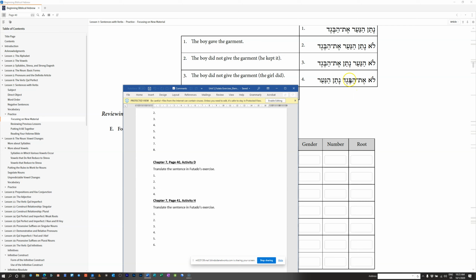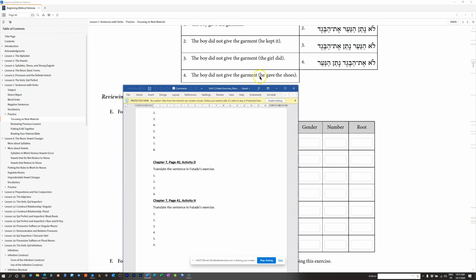That's what's emphasized. So to explain that, maybe he gave something else, like he gave the food or something, or he gave the shoes. Again, he gave the shoes is not part of your translation. In your translation, it will be the same in all of these 3. It's just what is being negated is what changes.